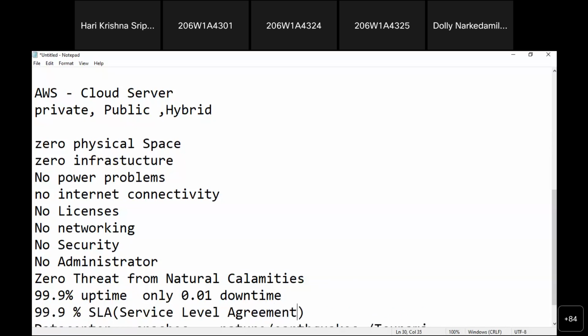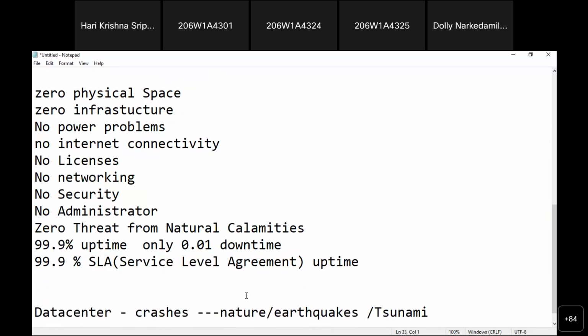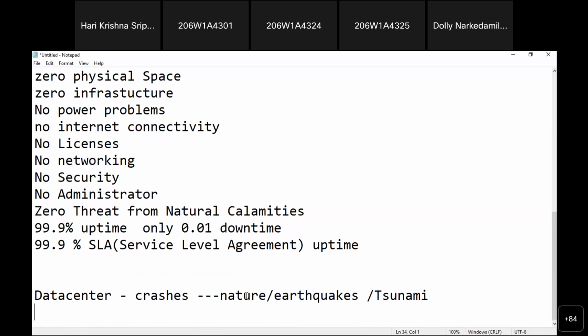Whenever you opt for AWS services, AWS will give you a 99.9% SLA, a service level agreement of 99.9% uptime. As you know, why not 100%? There are some natural calamities that we can't control, right? In those cases, you might lose your data, right? At least you have this 99.9% SLA.